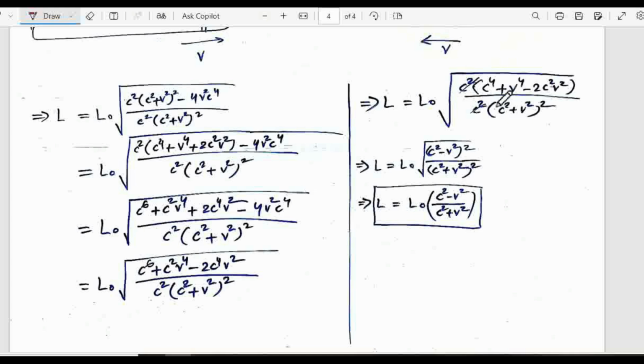Then c square and c square will cancel out in the denominator and numerator, and this expression will come like c to the power 4 plus v to the power 4 minus 2 c square v square. So it's nothing but the formula of a minus b whole square. As this is a squared term, and the root is present above it, the root and the square will cancel out. So you will get this formula. Hope you got the answer. Thanks.